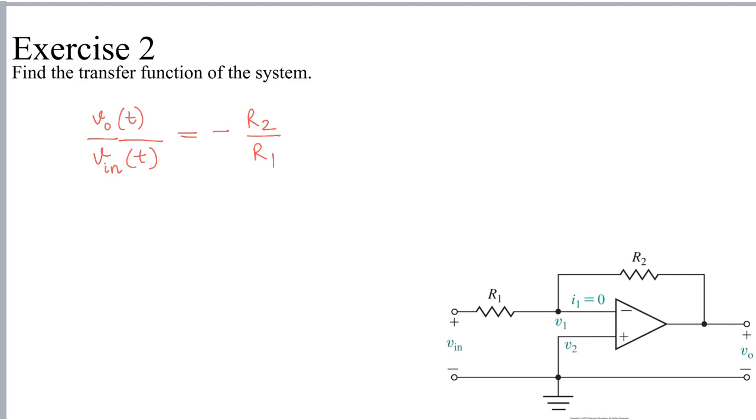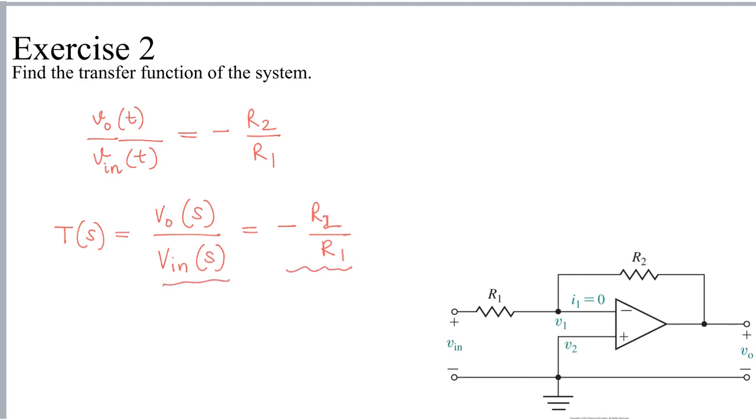If you convert this into the Laplace domain and write the transfer function V0(s) over Vin(s), it just stays the same: minus R2 over R1. So the output is going to be this constant times the input.